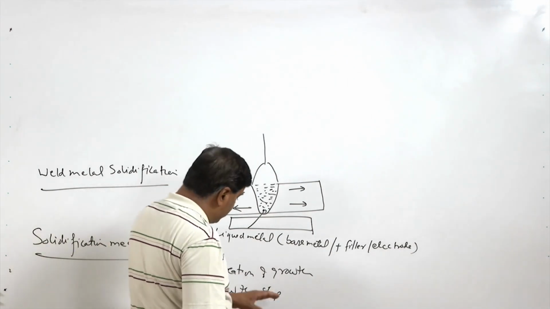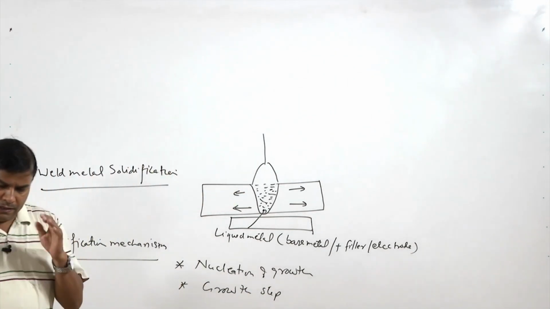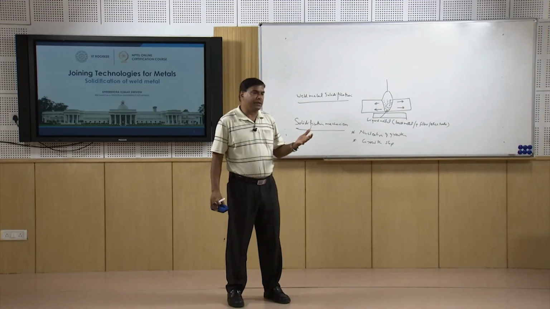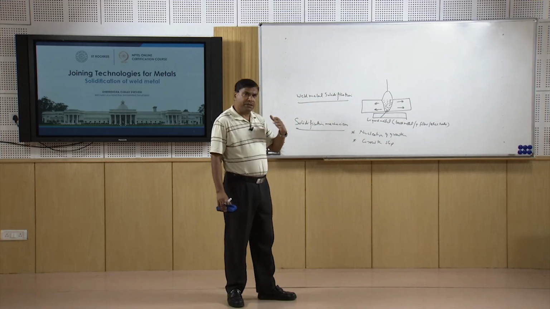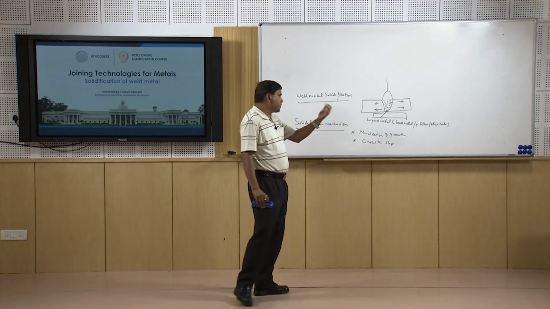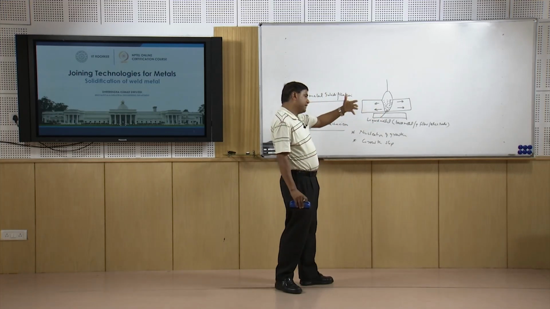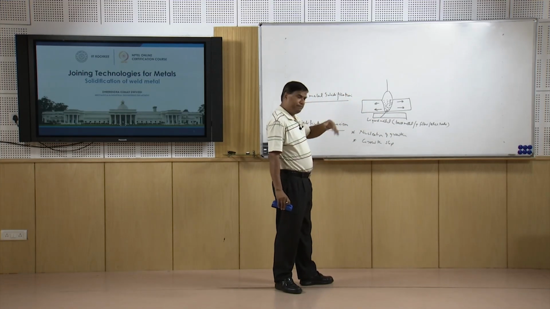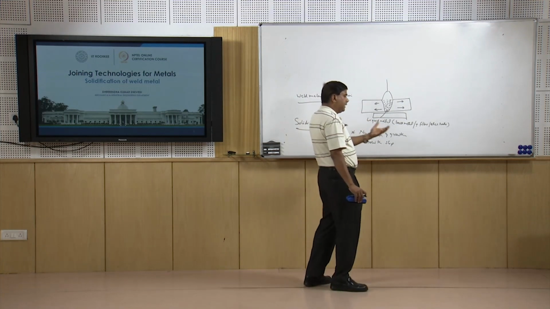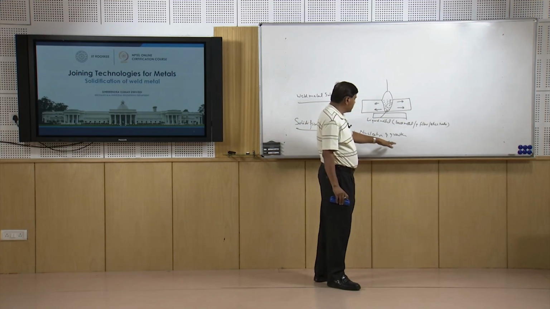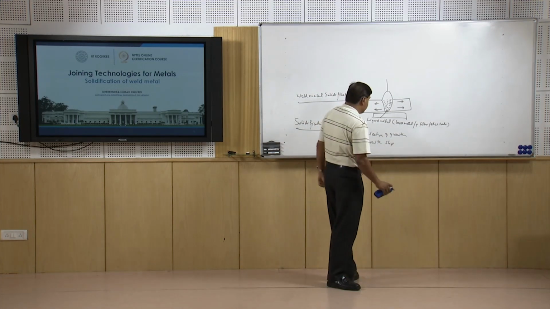While in case of just growth, under the conditions when only growth is involved during the solidification, the partially melted grains of the base metal consume the liquid metal, or atoms from the liquid metal deposit over the partially melted grains directly. So, just the growth step is involved.